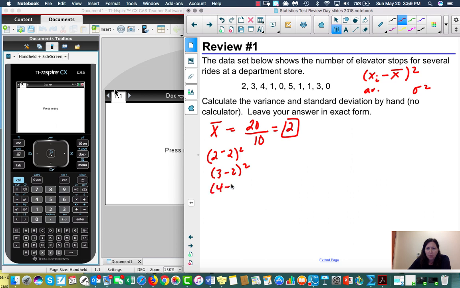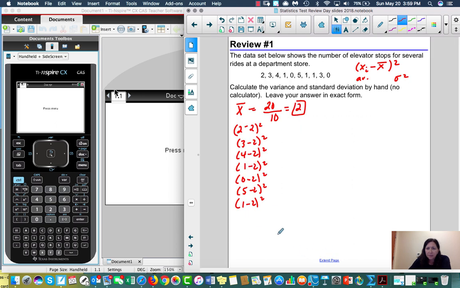We have 4 minus 2, 1 minus 2, 0 minus 2, 5 minus 2, 1 minus 2, another 1 minus 2, and then 3 minus 2, and then 0 minus 2. So we're going to find these values, and then we're going to find the average of all those values.